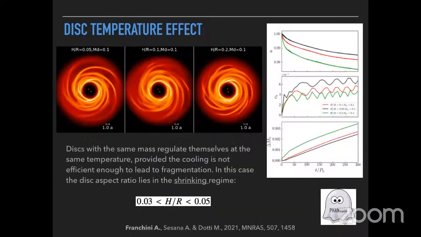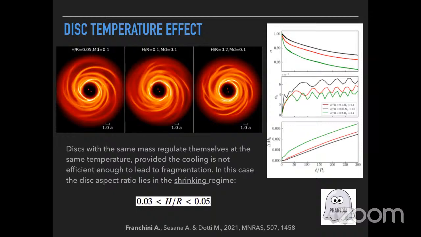No, it actually cools down. Regardless of the value you start with, even if you start at 0.1 with a 0.1 mass disk, the disk will self-regulate in this region of the parameter space. So that's a self-regulated parameter.